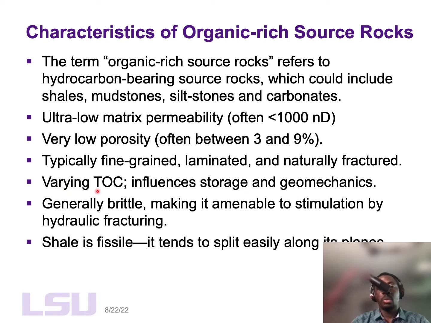You have varying total organic carbon content. Some can be as high as 12%, and then we've also seen some as low as 1%. And these are some of the shale oil and gas reservoirs we have produced. So that range is typically between 1% and 12%.